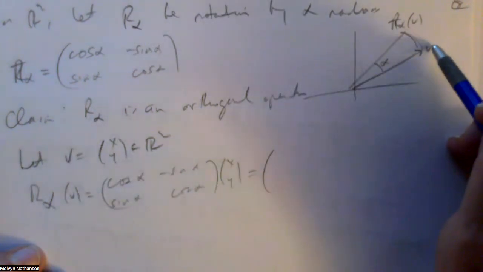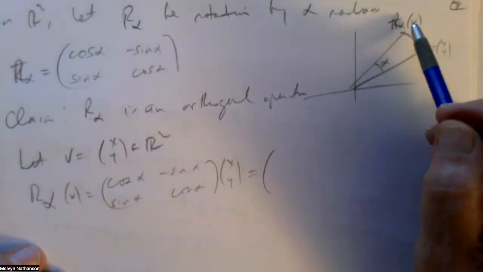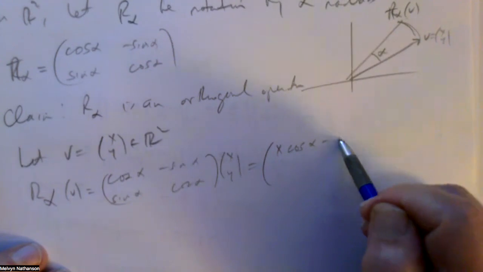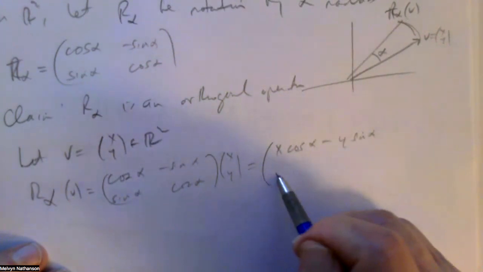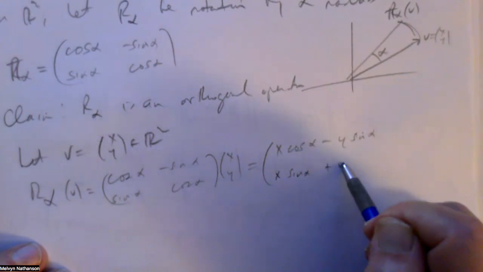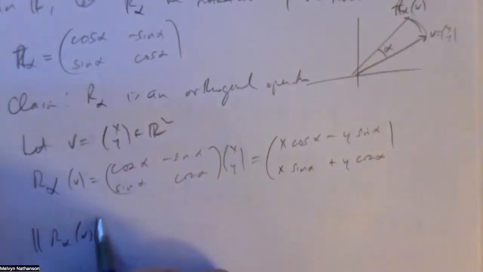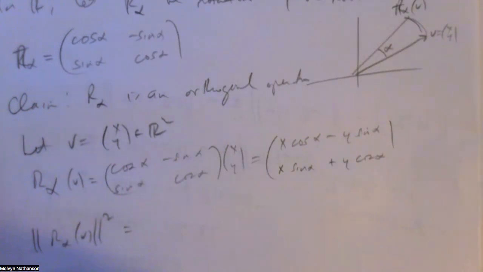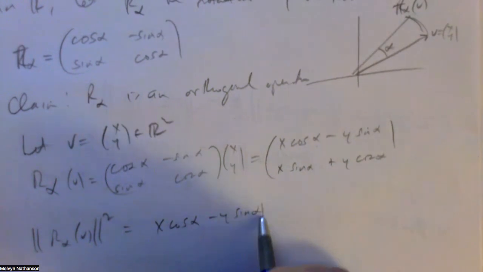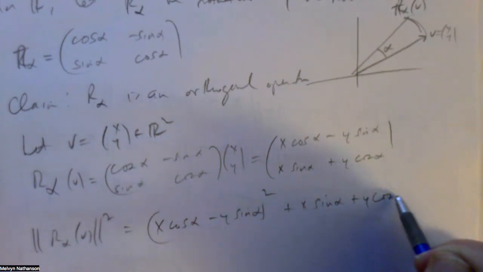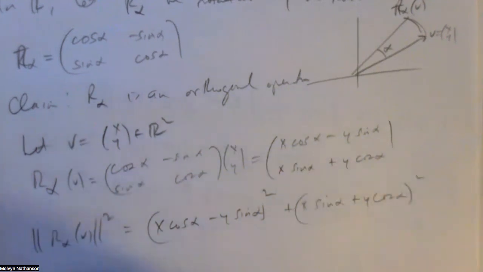So when you rotate the vector (x, y), you get a vector whose coordinates are x cosine alpha minus y sine alpha, x sine alpha plus y cosine alpha. And what is the length of R alpha of V? Let's take the square of the length. It's the sum of the squares of the coordinates: (x cosine alpha minus y sine alpha) squared plus (x sine alpha plus y cosine alpha) squared.